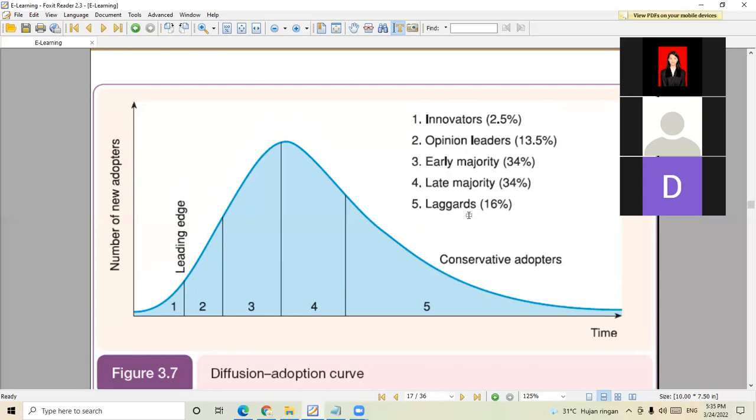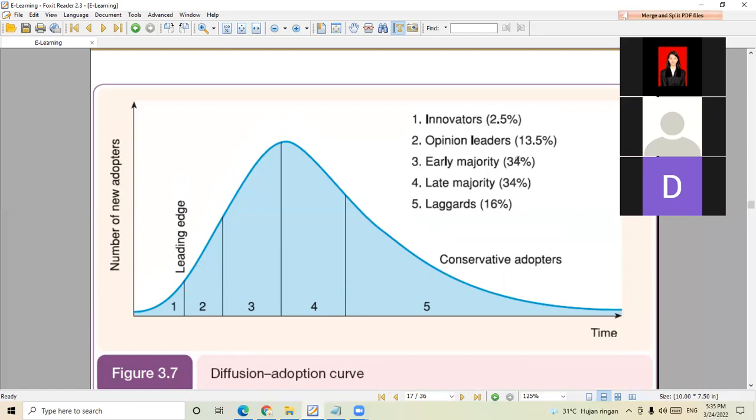This technology is unproven, but you still want to adopt it in the very early stage. That's the innovators. A lot of things can happen. Usually, risk takers do this, and there are not so many. That's why we see only a small percentage. It only has about 2.5%.